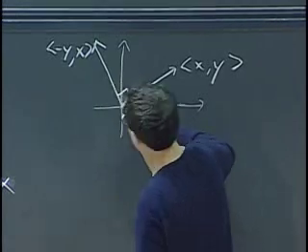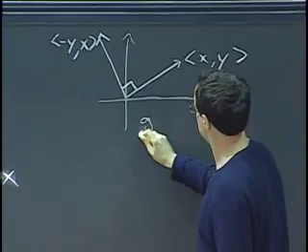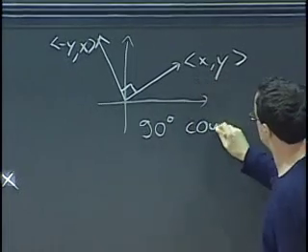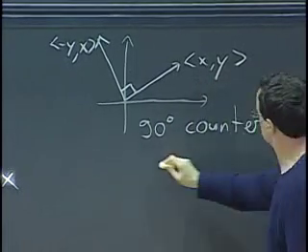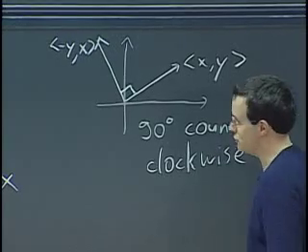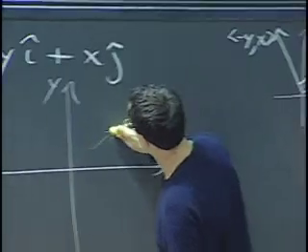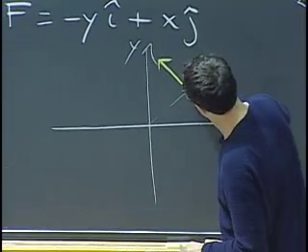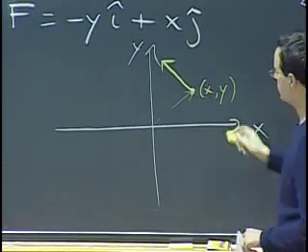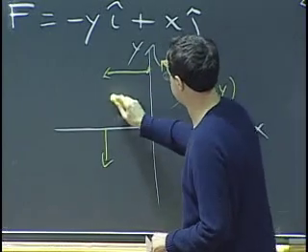It's the vector that I get by rotating by 90 degrees counterclockwise. And of course, I don't want to put that vector at the origin. I want to put it at the point (x, y). So in fact, what I will draw is something like this. And similarly here, it would be like that, like that.